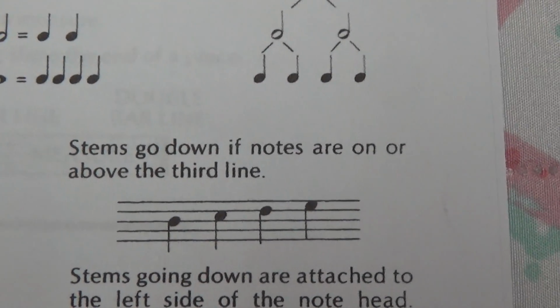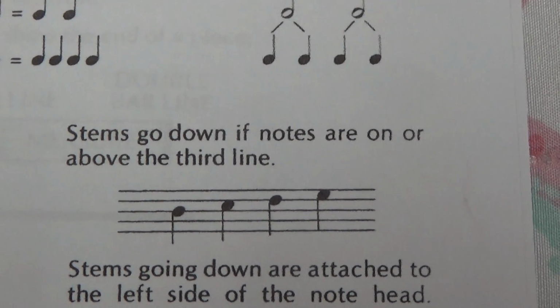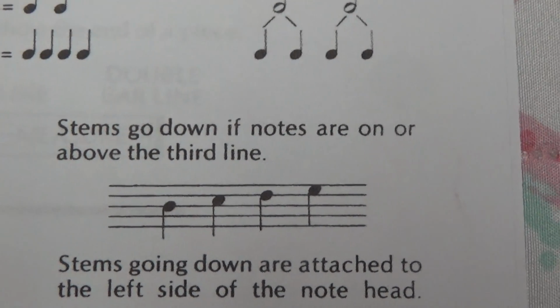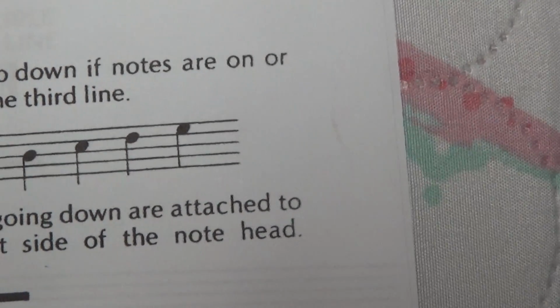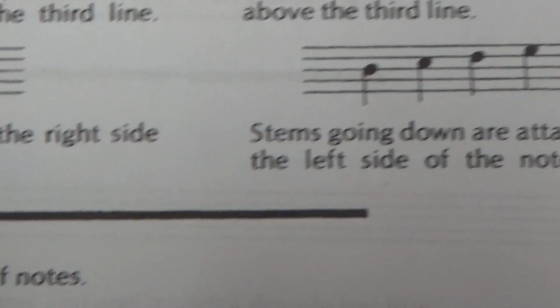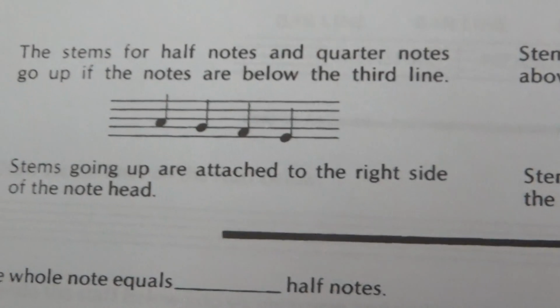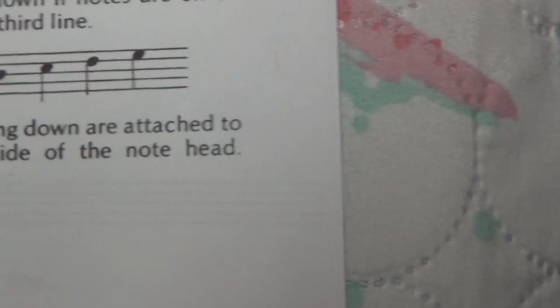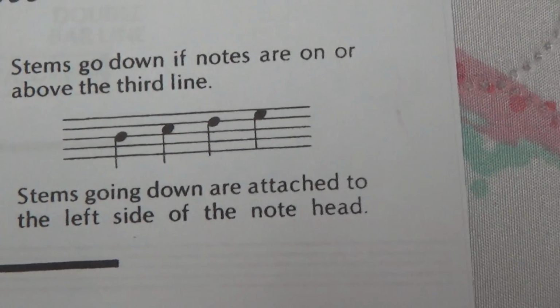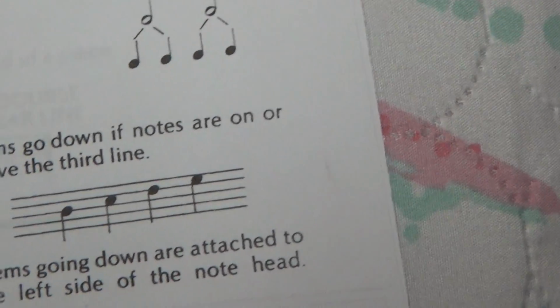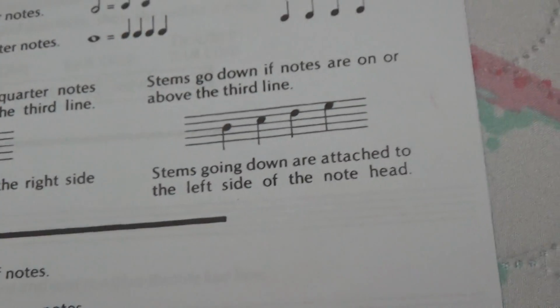And stems go down if notes are on or above the third line. So now the stems go down and to the left side. Stems going up are attached to the right side of the note head, and stems going down are attached to the left side of the note head. Alright, we've talked about all the equivalents.